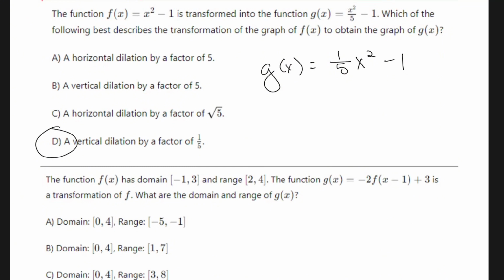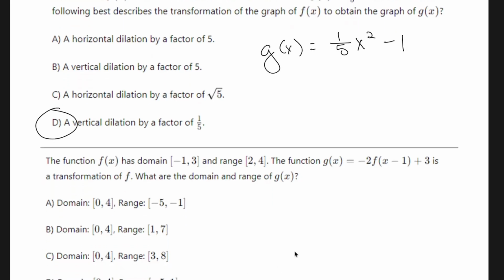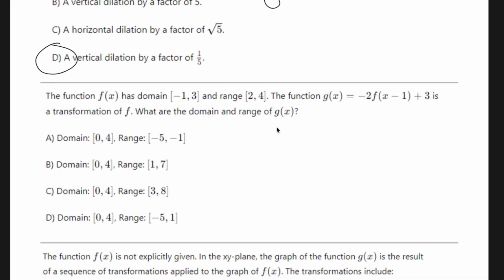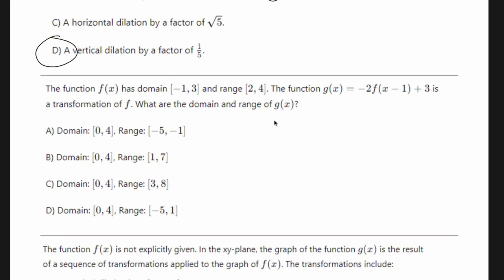Nothing crazy, nothing wacky. Now, is this the same type of problem that we saw above? It is. All right, well, let's just do it. One more time, since there's nothing directly in front of x here, there's no horizontal dilation.